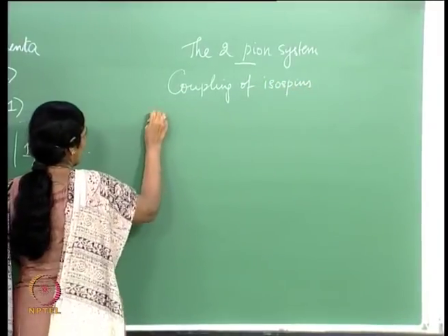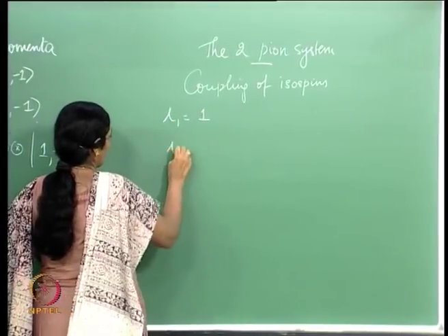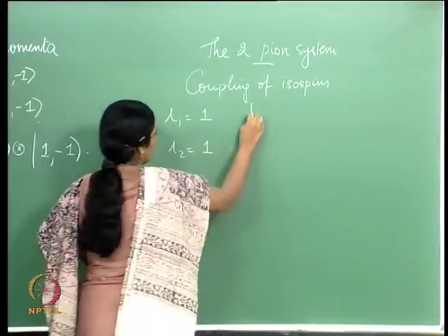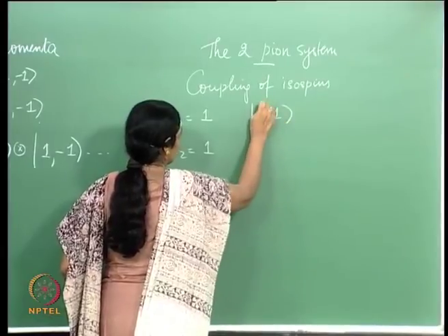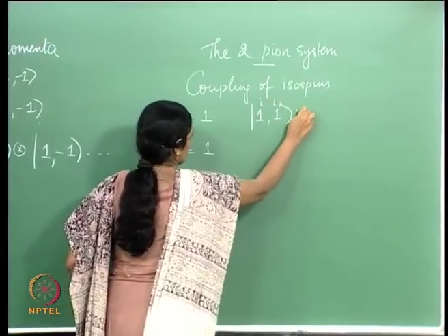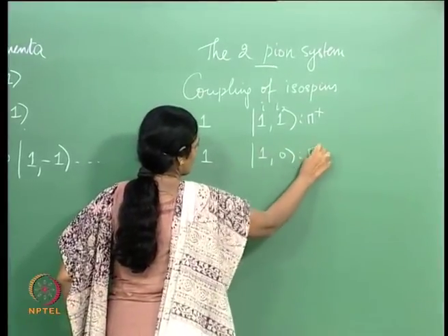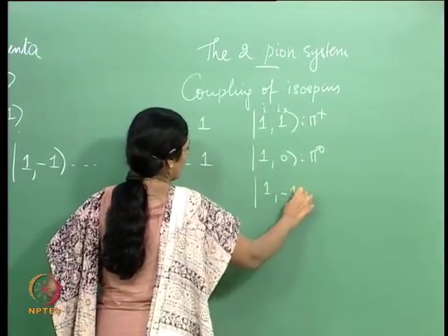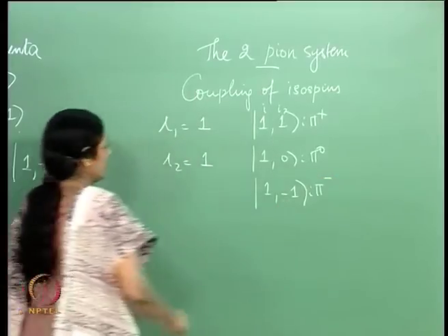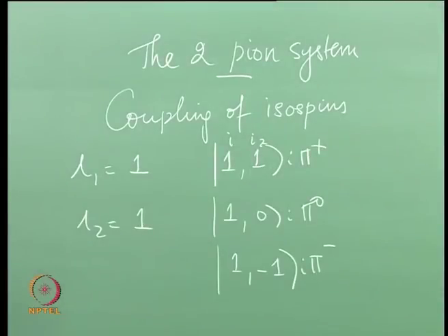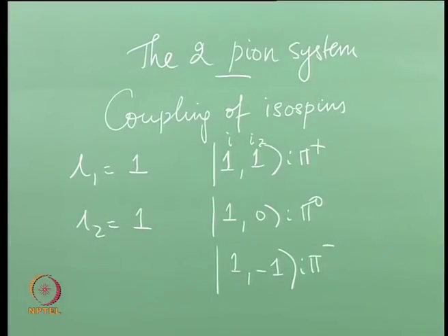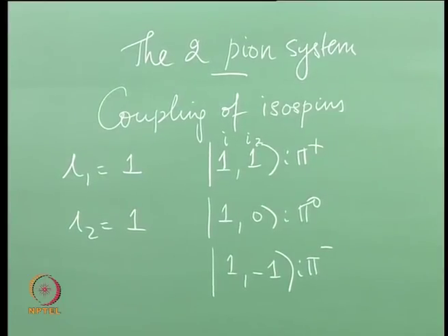So I have I1 equals 1, I2 equals 1, which means I have the state 1 comma 1, which is the pi plus, 1 comma 0, which is the pi naught, and 1 comma minus 1, which is the pi minus. As I said earlier, we just have to replace J by I and M by Iz, and the entire angular momentum machinery follows as such.